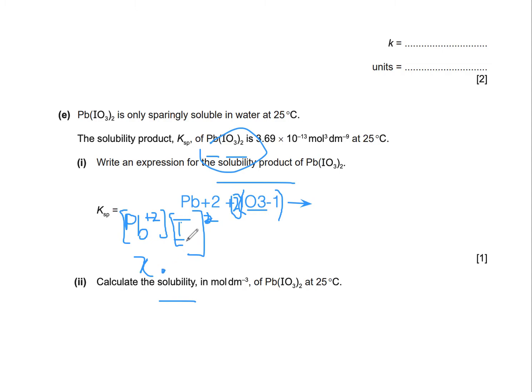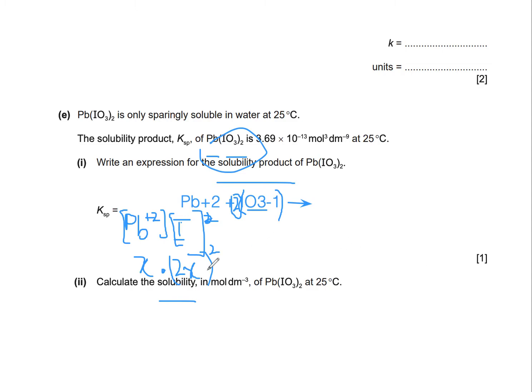And what is the solubility for IO3 minus? We have 2 moles, so we multiply this by 2x, and because the concentration is squared, we write squared over here.